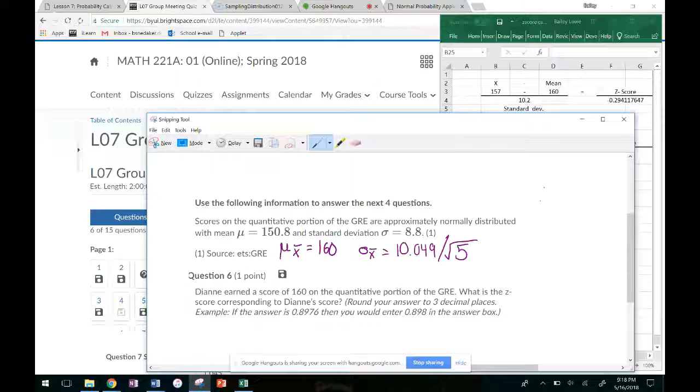So basically the equation looks like this. It's 160 minus the... no, it's x minus 160, right? So it's x minus 160, and then divided by whatever this number is.